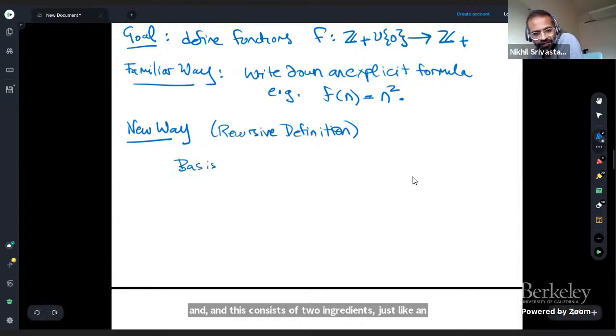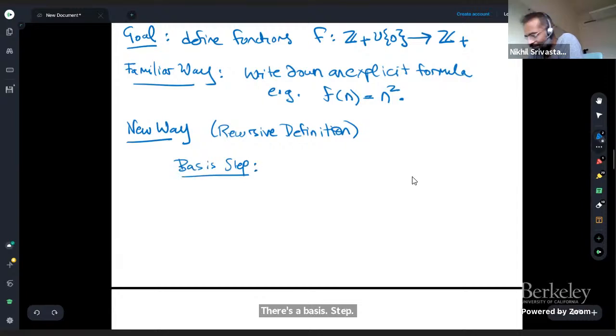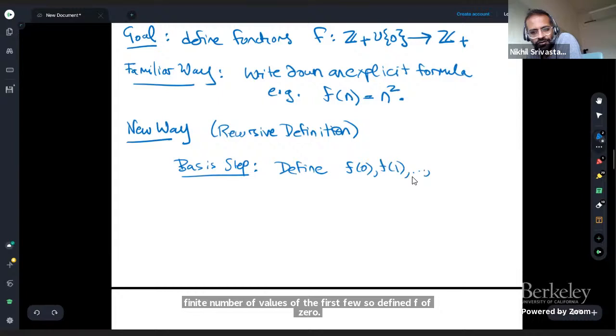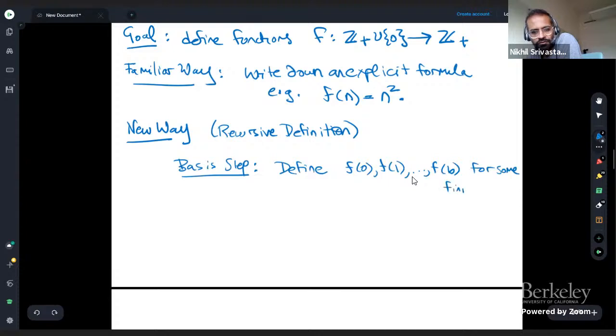There's a basis step. And the basis step is just to define some finite number of values of f, the first few. So define f of 0, f of 1, all the way up to f of b for some finite integer b.